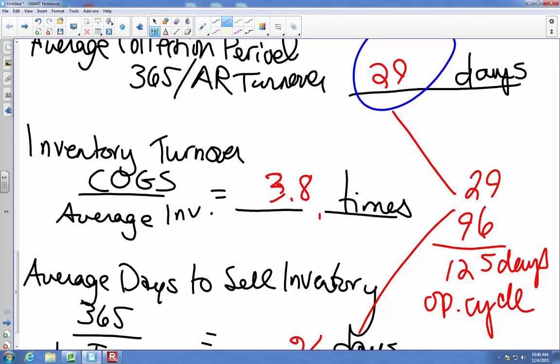So if your average days to sell your inventory is 96 days, and the average number of days to collect that AR is 29 days, that means your operating cycle is about 125 days. You're just adding them. Yeah.